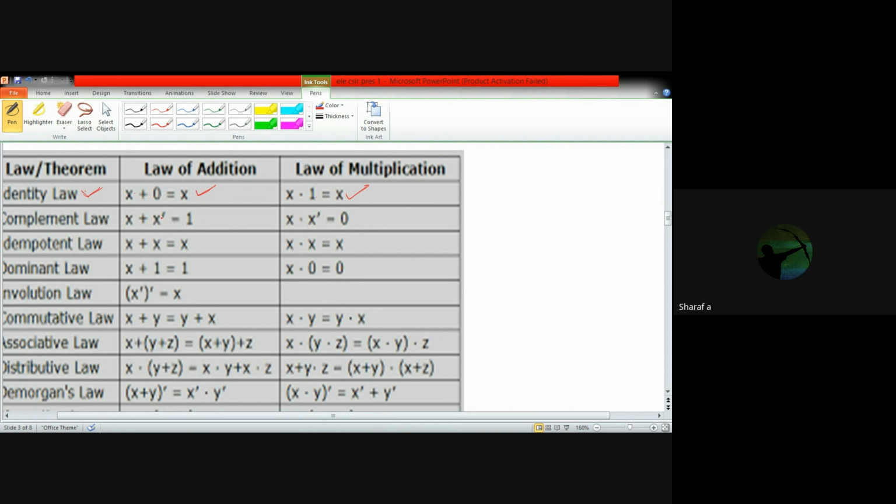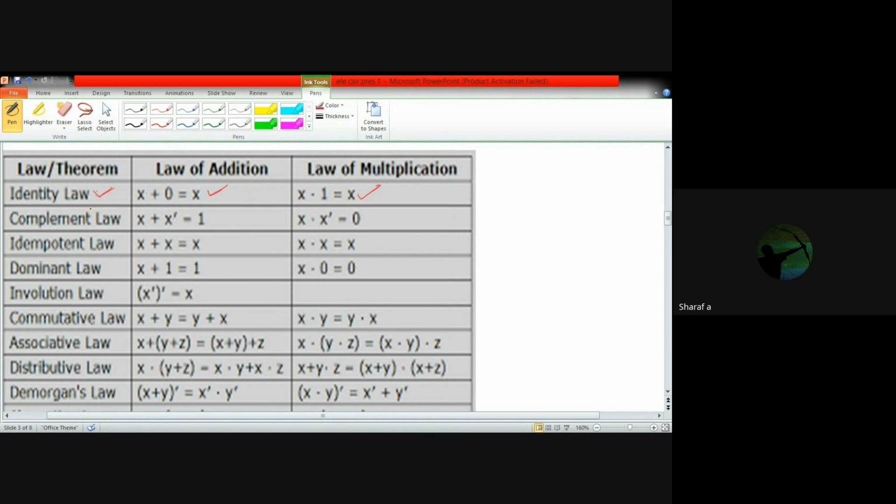Now x plus x bar. This is the complement law. I will not be mentioning the names of these laws, but just remember these expressions. If you are adding a variable with its complement, x plus x bar, you will get 1.